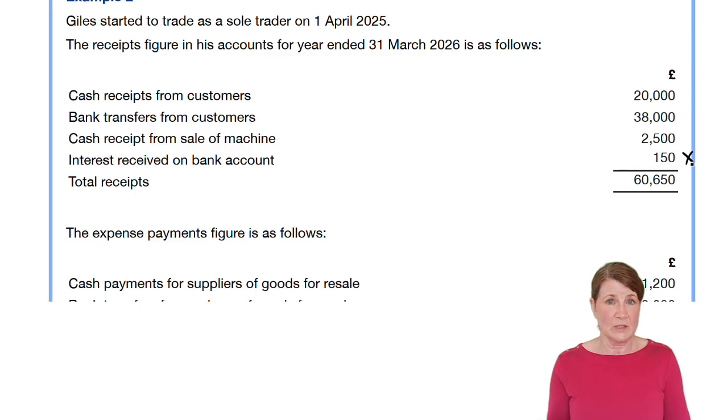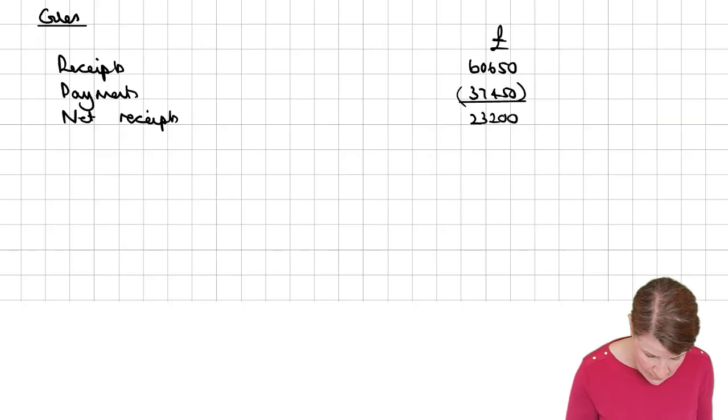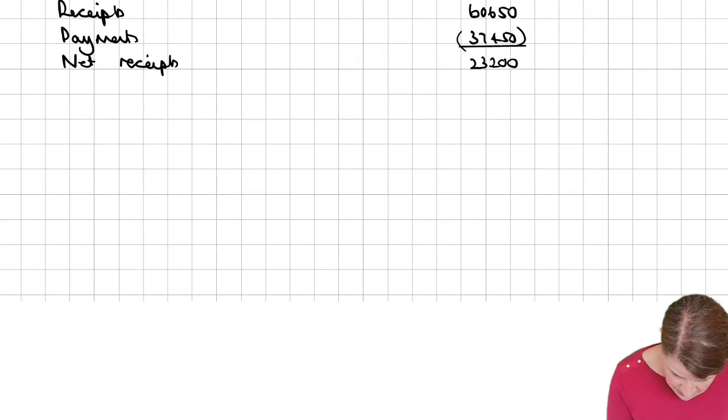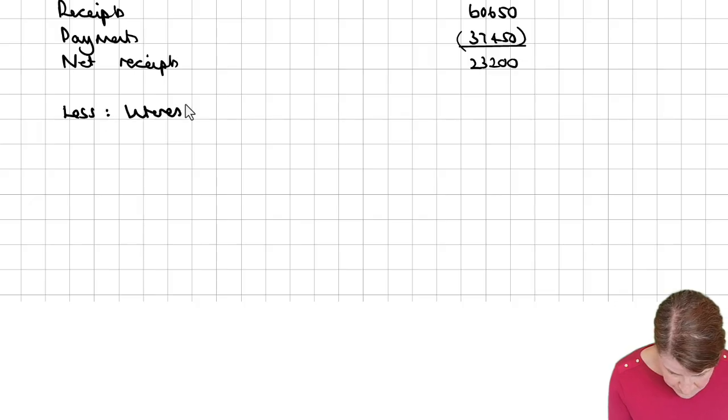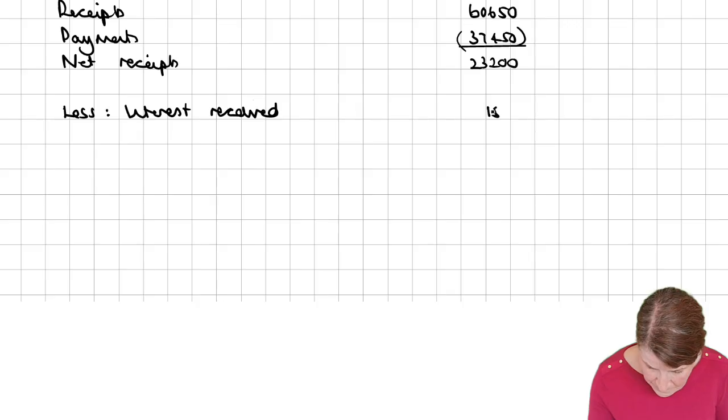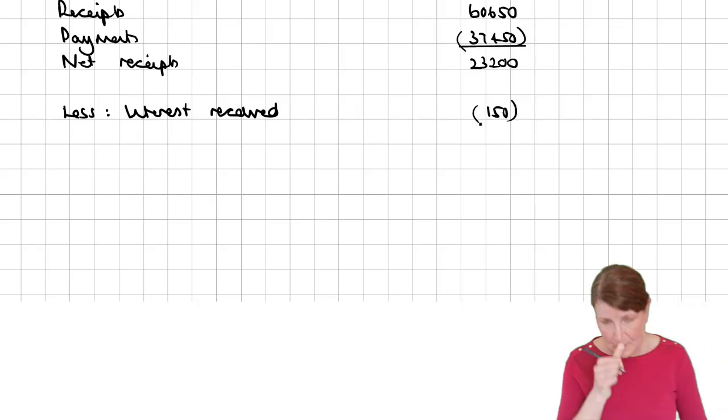Because it's income that's included in the accounts that isn't going to be taxed as trading income. So in our little adjustment to profits, we've got interest received, and we've got 150.